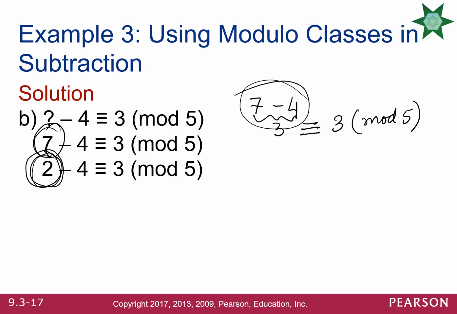To change the 7 to an equivalent which would be less than 5, just subtract one multiple of 5 from the 7.